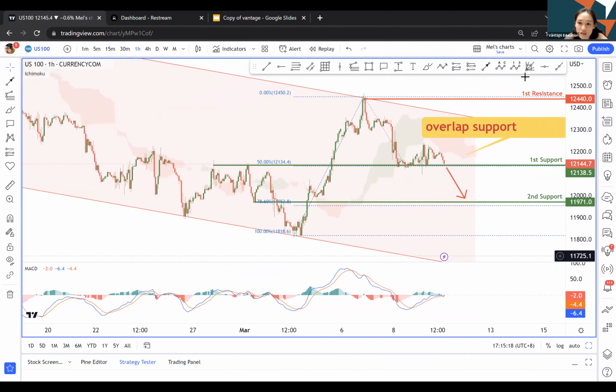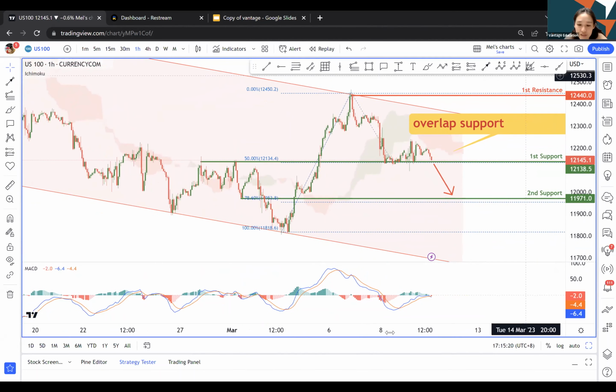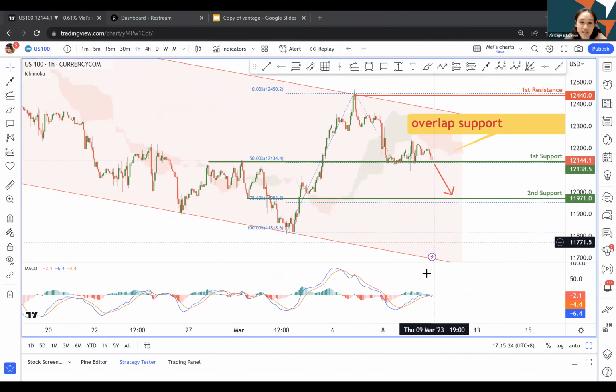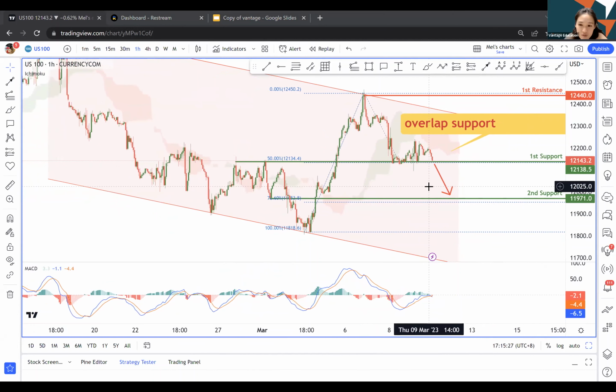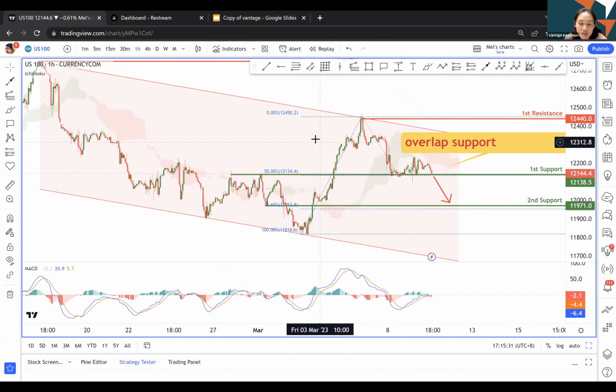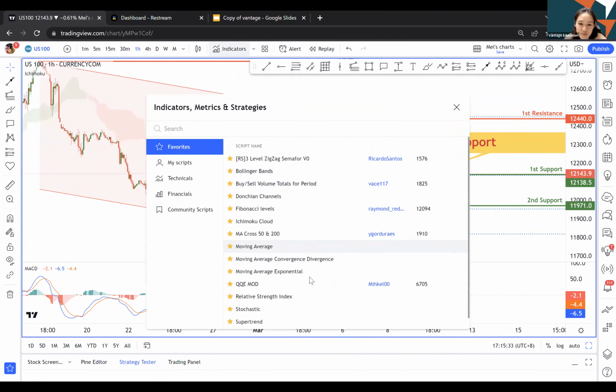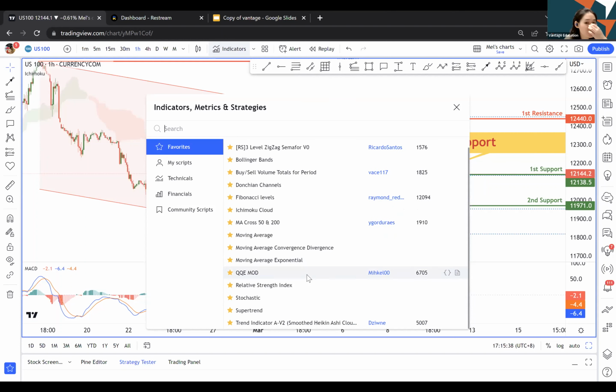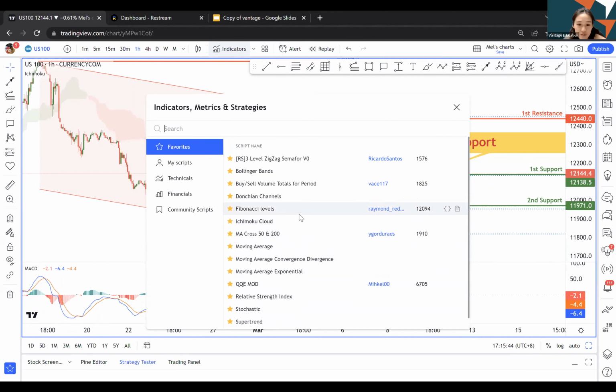Okay. So I'm curious to know what indicators you guys like to use. Because we normally stick to Ichimoku, MACD, RSI, as well as stochastic, and occasionally Bollinger Bands or moving average as well.